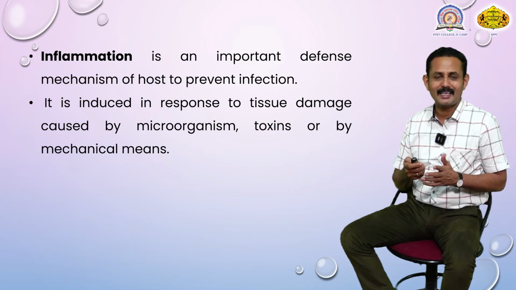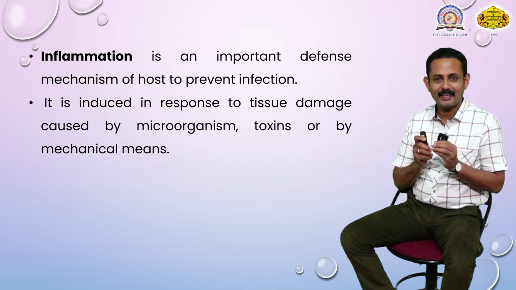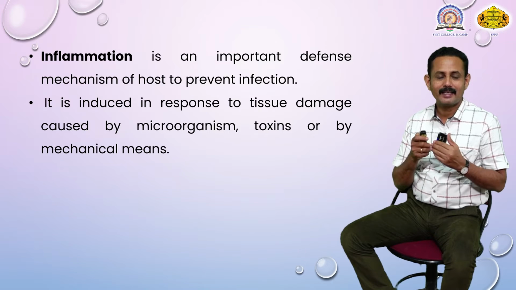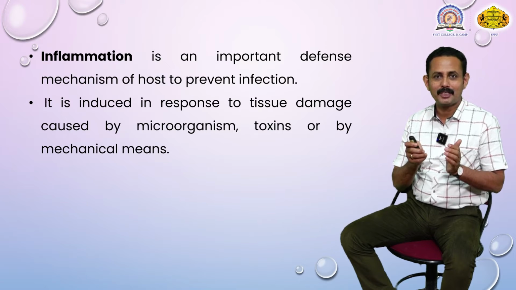By any one mechanism, when there is a disintegration of the intactness of tissue, maybe outside, that is the skin, or maybe the inside tissue. This intactness is a very important property of every tissue to maintain its health.